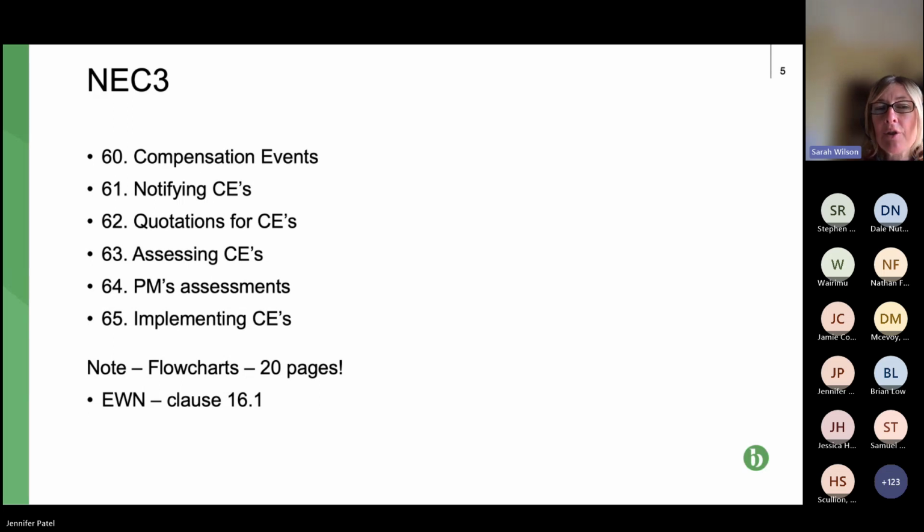I also want to mention early warning notices, EWN, because they are in a separate clause, clause 16.1. They apply to compensation events, but they are wider than that. An early warning notice is a notice issued by either the contractor or PM, or contractor or subcontractor in a subcontract.